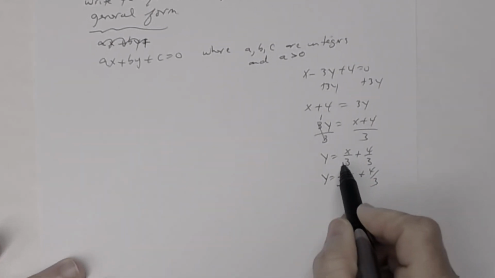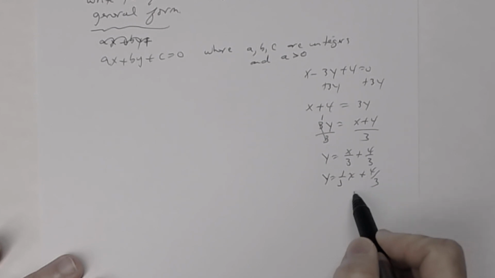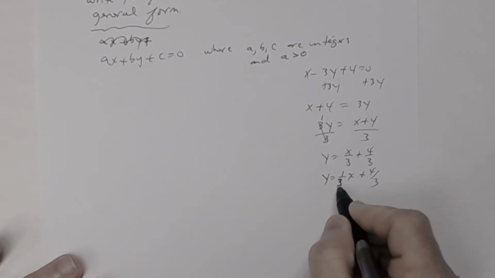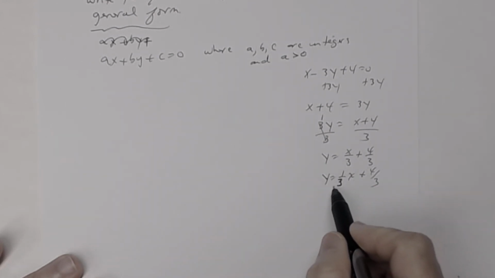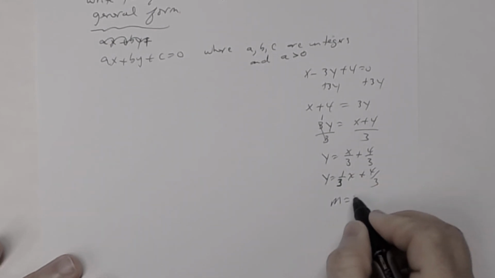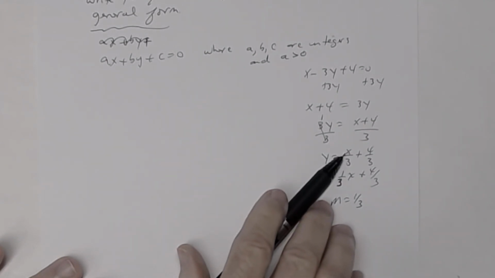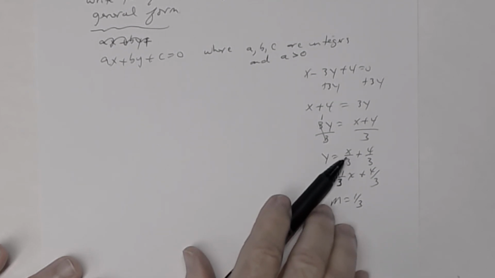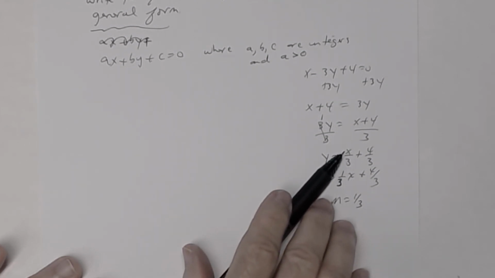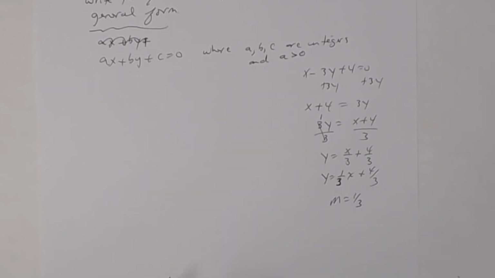All I did was write x divided by 3 in equivalent form as 1/3 times x. And now the slope of that line is 1/3. So when you see something like x divided by a number, always rewrite it with the 1, because that's a 1 right here. So 1/3 x.